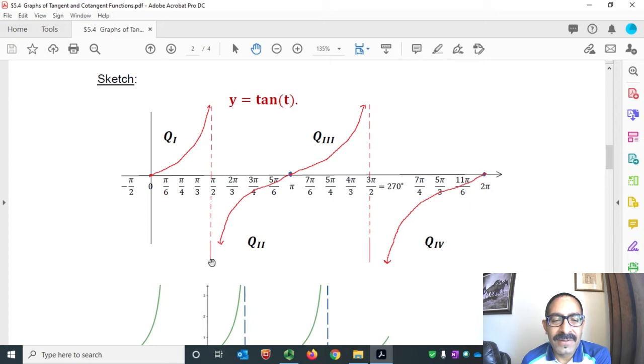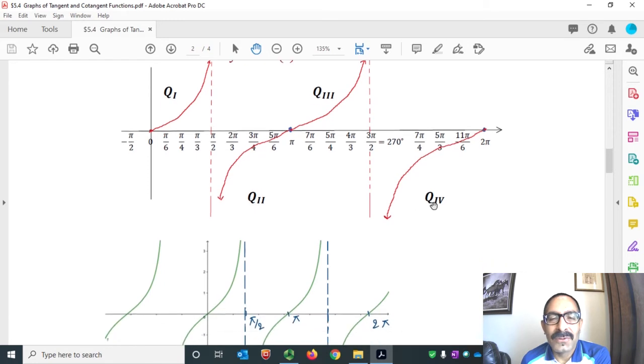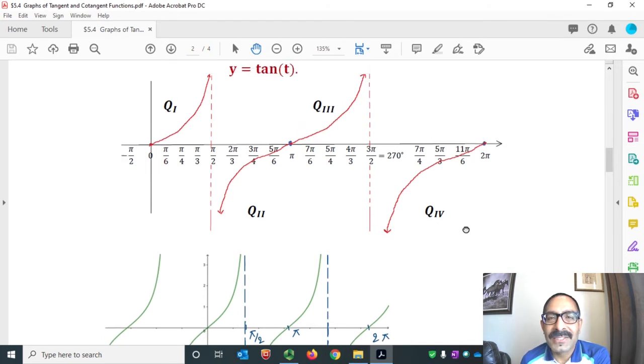At pi half it is undefined, and increasing it goes to 0 at pi, and in the third quadrant it's increasing as well and positive, so it lies above the t-axis. It's increasing and it's undefined at 3 pi over 2. Similarly, in the fourth quadrant, this is the graph. I hope this makes sense to you all.